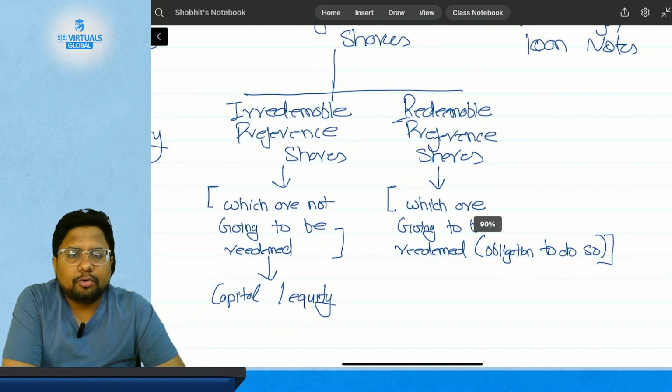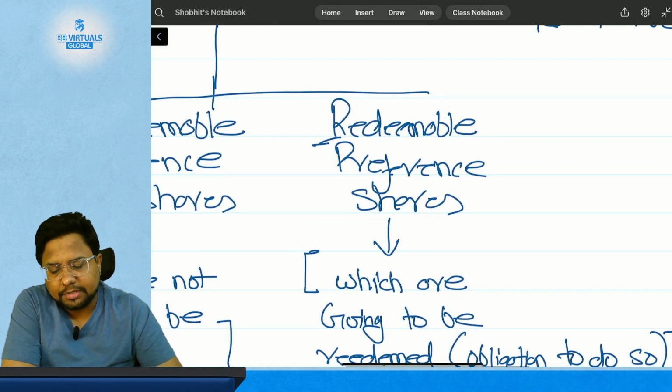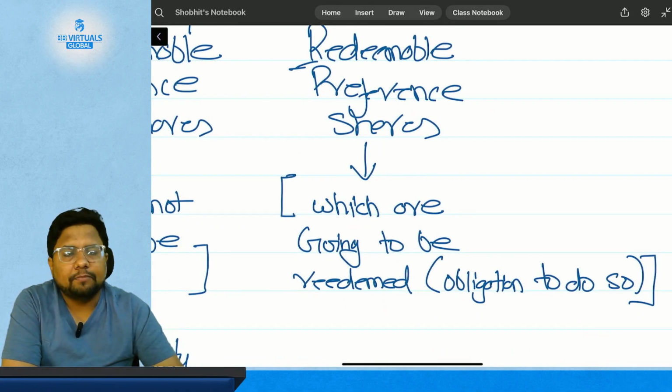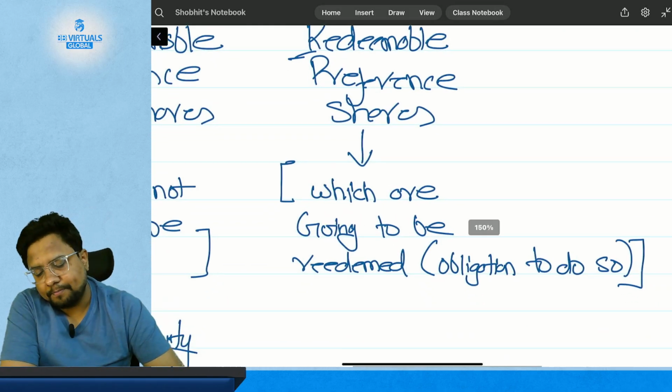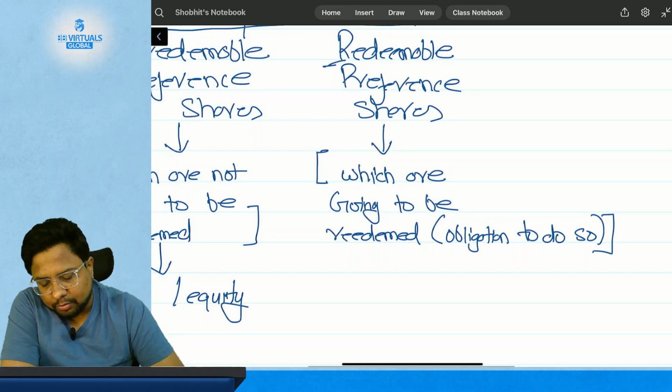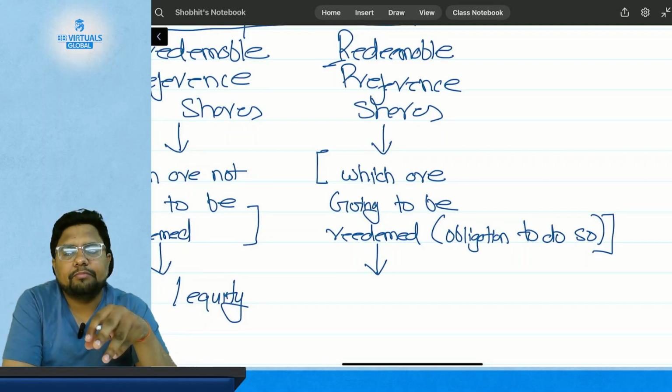So there are two types of preference shares: first is irredeemable, second is redeemable, which are shares the company is going to buy back at some point soon. As the company is supposed to buy back or redeem these shares, it is a liability for the company.